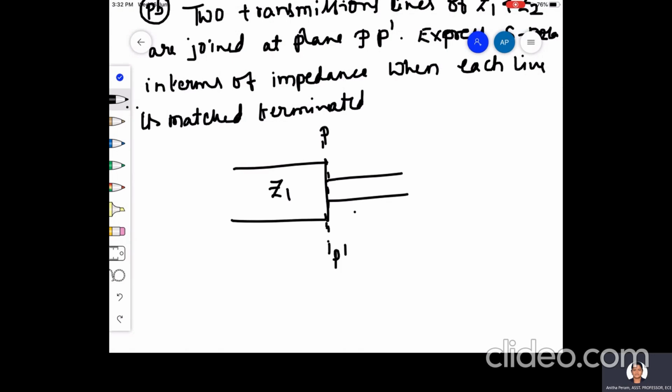The characteristic impedance of the first one is Z1 and the second one is Z2, and they're specifying each line is terminated properly, that means match terminated. So this side I have connected with Z2, and this side it is connected with Z1. Then you don't have reflections, and you say that it is perfectly match terminated.